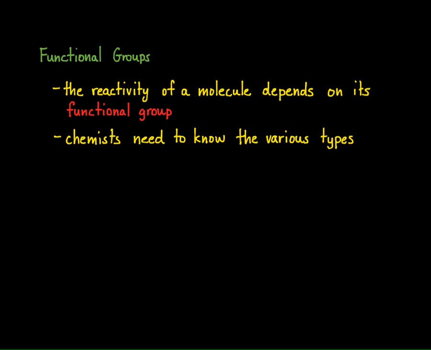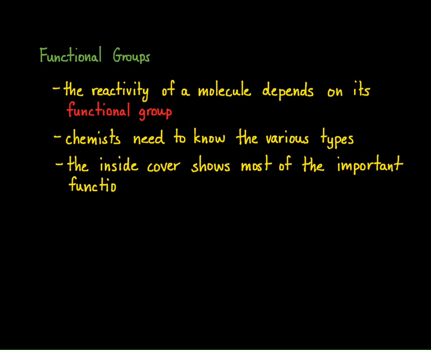Now, where can you get this information? If you're following along in Chapter 2, you actually won't find it in Chapter 2. That's because in your textbook, they've placed it on the inside cover. So this shows most of the important functional groups. There are many functional groups, but the ones that we're going to mainly be dealing with throughout the semester can be found in your inside cover.